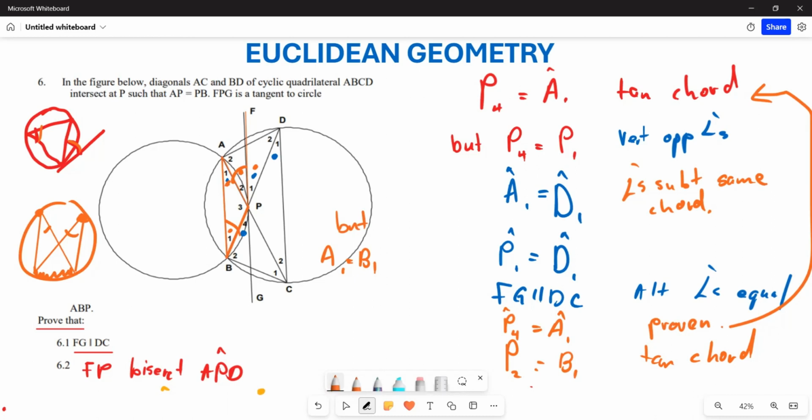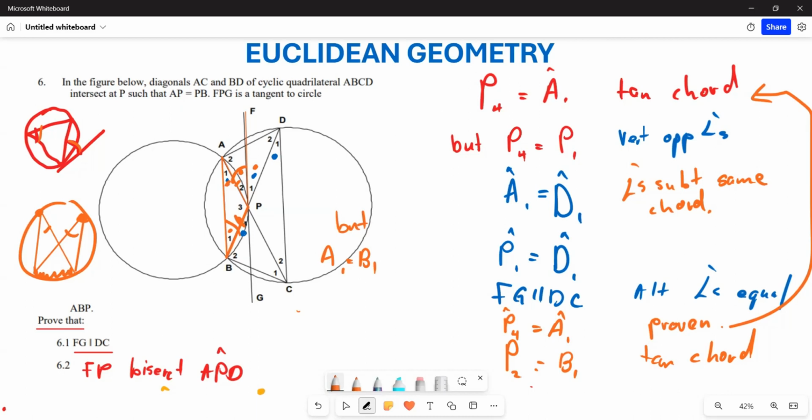Why am I saying that? Remember, this is because of equal chords AP and also BP, right? Your AP and also BP are equal. Because they subtend equal angles, remember we said this particular angle here is going to be equal because this particular side here and this side are equal, right?